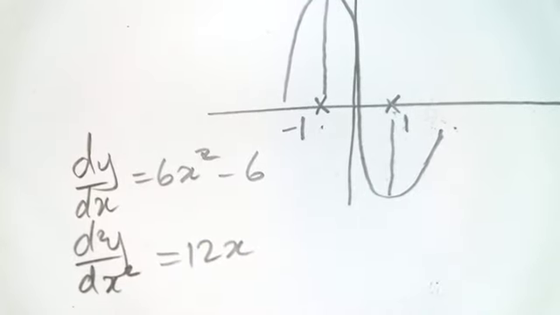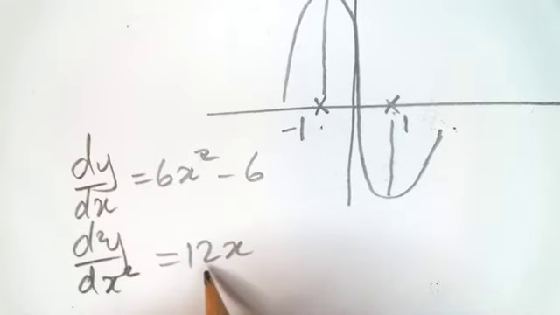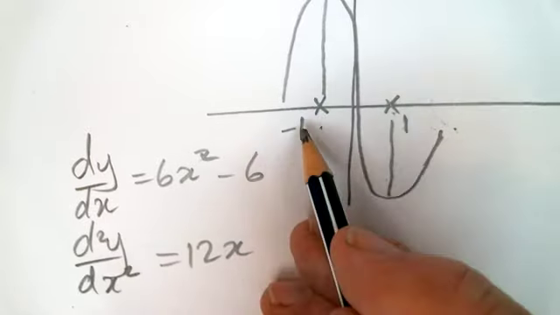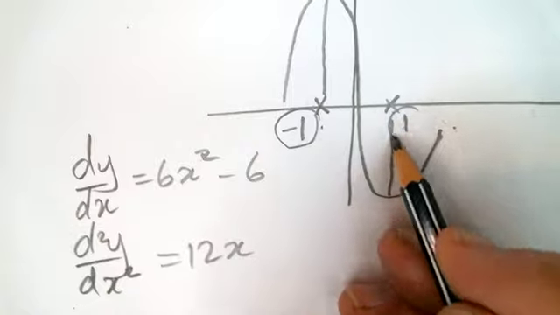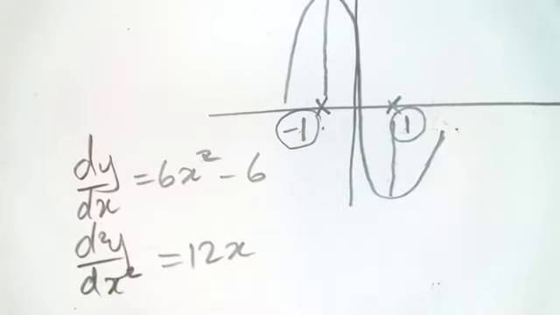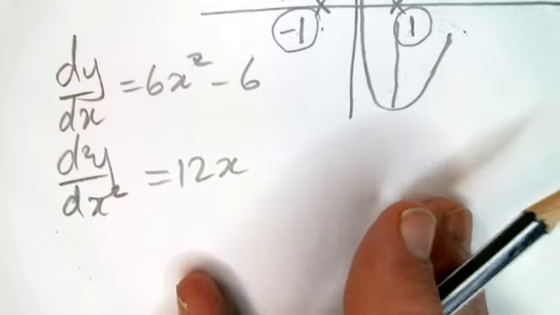Now, in the past example we used, we just looked at this value and said, is it positive or negative? But this is neither positive nor negative because it's not a value, it's an expression, 12x. So what we do is substitute the values into here to find out which one is maximum and which one is minimum. Again, the same rules apply.